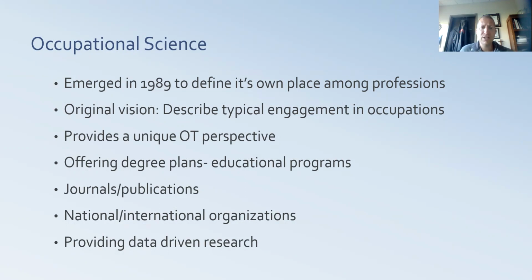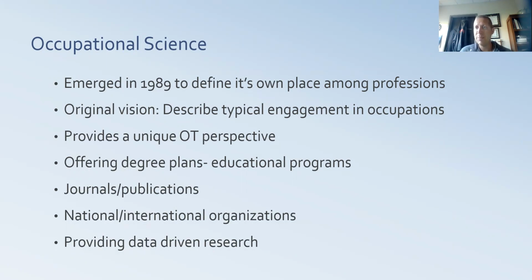So the original vision when developing occupational science was to just provide detail in what engaging in occupations looks like. What is a typical engagement in occupation? What does it mean? What does it look like? Because as you know, occupation can be very, very complex.